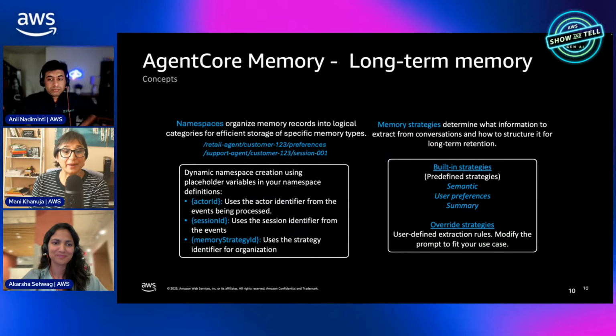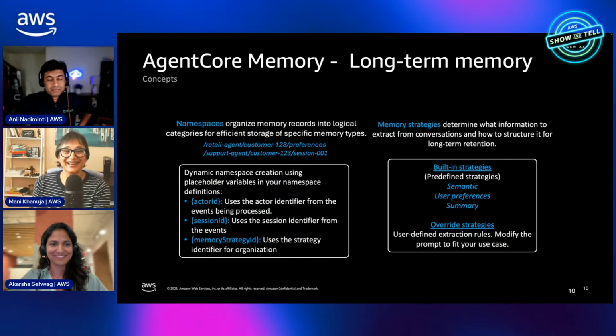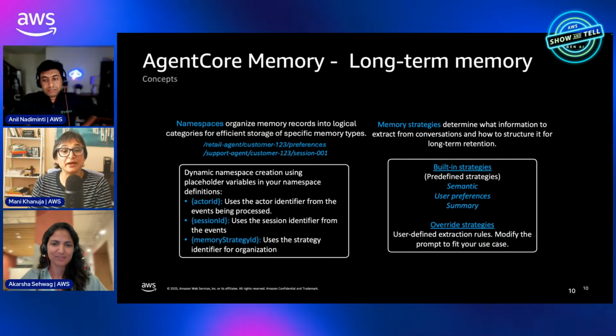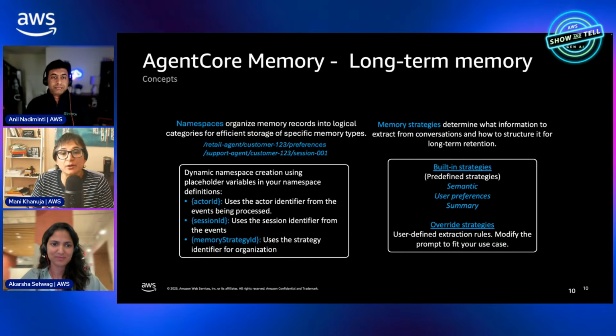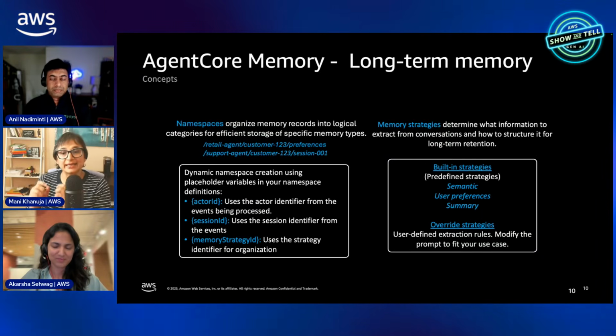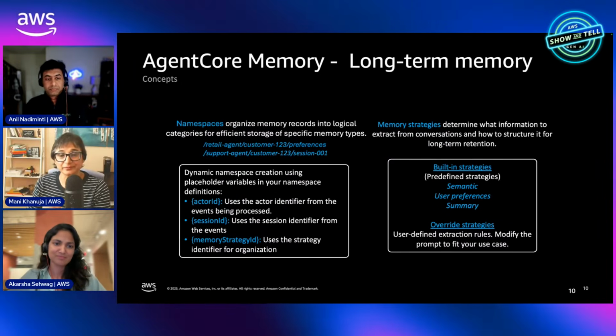And also, if I'm updating my preference, like let's say I love to code using Python, but now I like Java, hypothetical example, it should update my preference. That's the consolidation logic. But if I want to override that and provide my own prompts and my own model to do that, then that goes into the override strategy. So you have that option as of today.